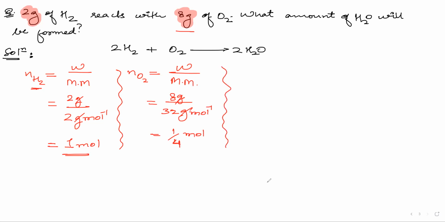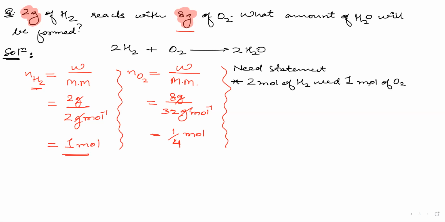Now, once we have got the moles, what statements will we write? We will write the need statements. In the need statement, the first statement is written according to the chemical equation. So I will write 2 mole of H2 needs how many moles of O2? 1 mole. Very good. 1 mole of O2.